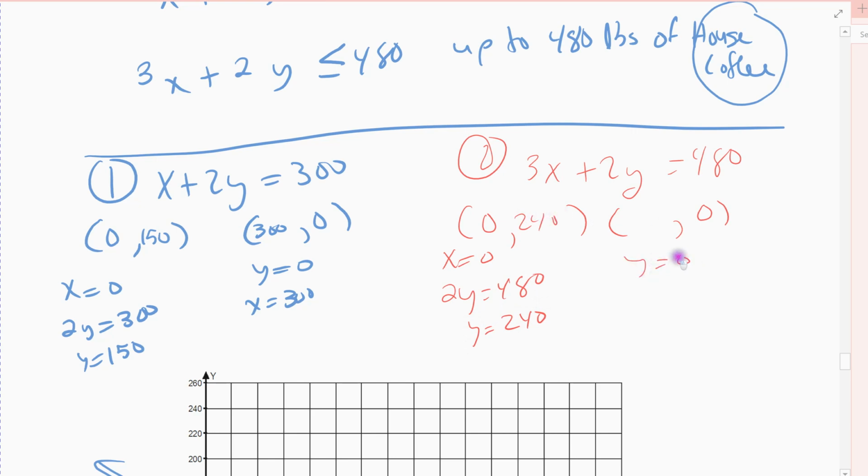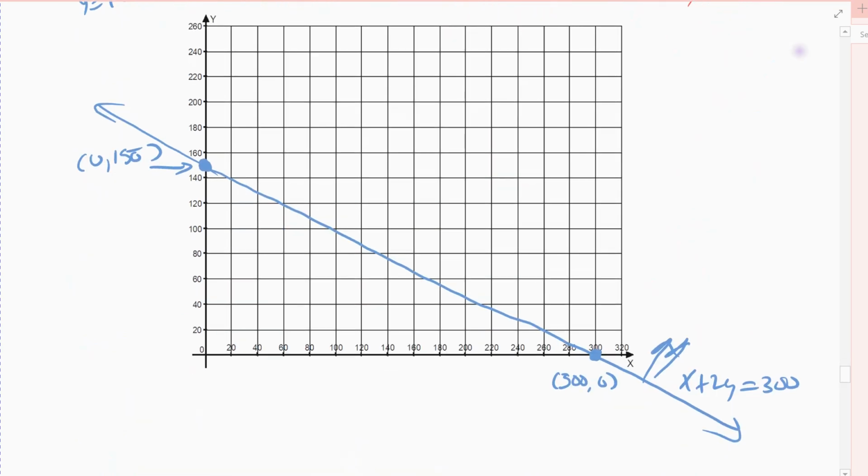And then when y equals 0, 3x equals 480, x equals 160. Alright, so 0, 240 and 160, 0. So 0, 240 puts me way up here. 0, 240, and then 160. Connect the dots as best as I can.